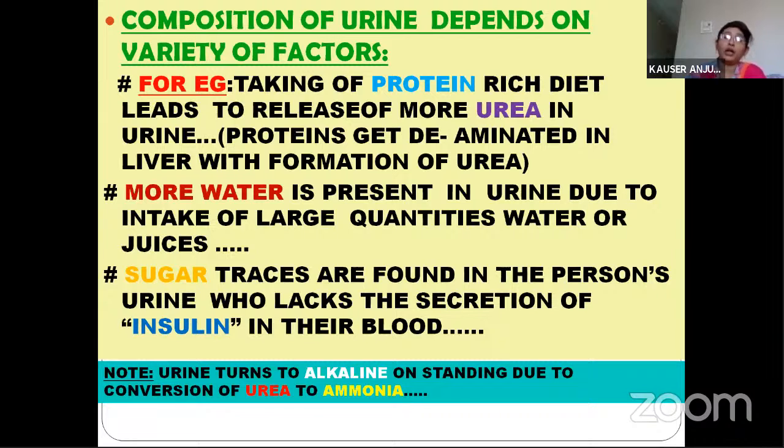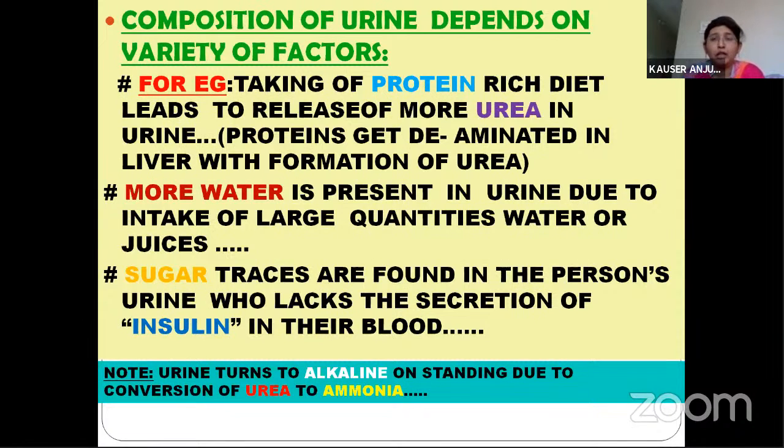I'll explain with simple examples. For instance, if we take a more protein-rich diet, if we take more non-veg, which contains more proteins, or we take more dal, which has proteins, this leads to the formation of urea. When proteins get metabolized, deamination occurs, and urea is formed.